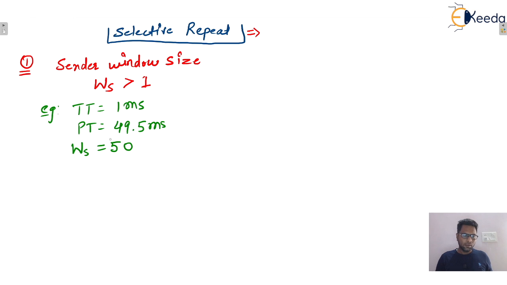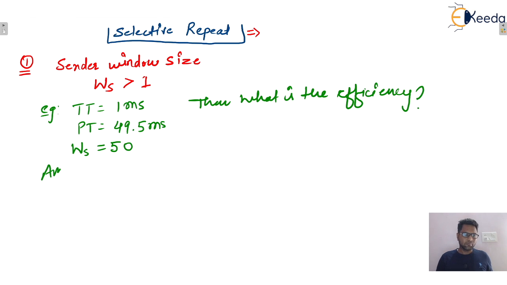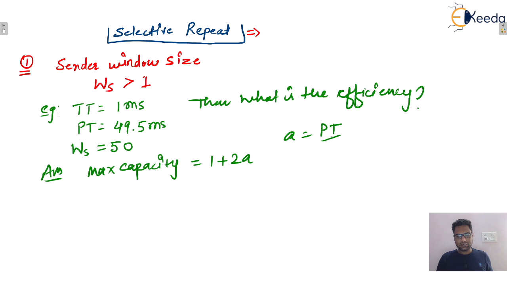The question is, what is the efficiency? The maximum capacity of the channel is 1 plus 2a, where a is PT upon TT.